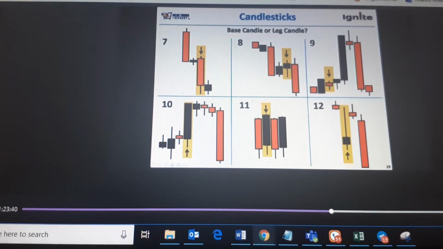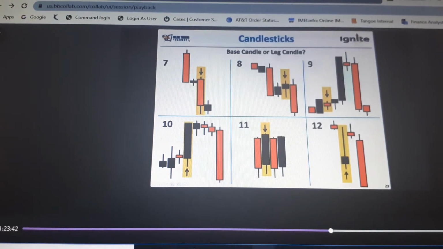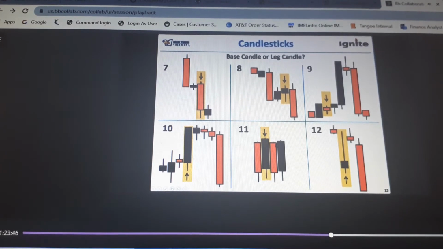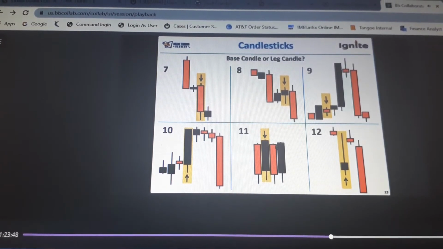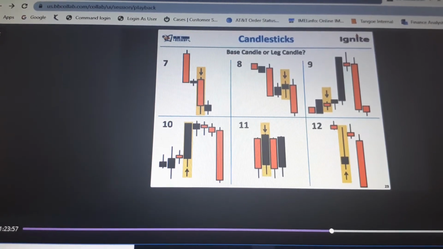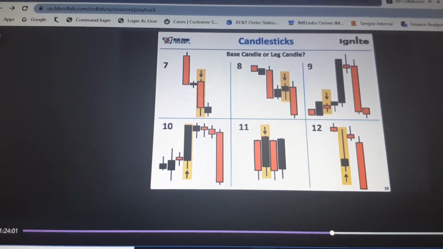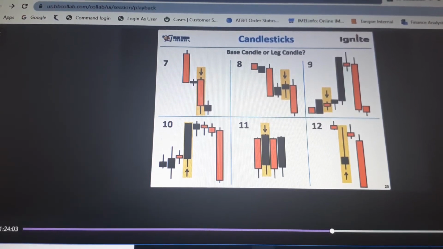Now, here, is this candle a base candle or a leg candle? The 11th one. It's a leg candle. Which formation is this? Somebody said no. Why no?